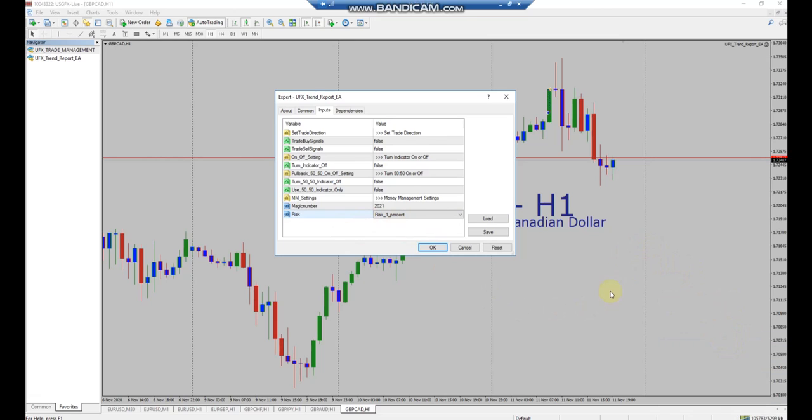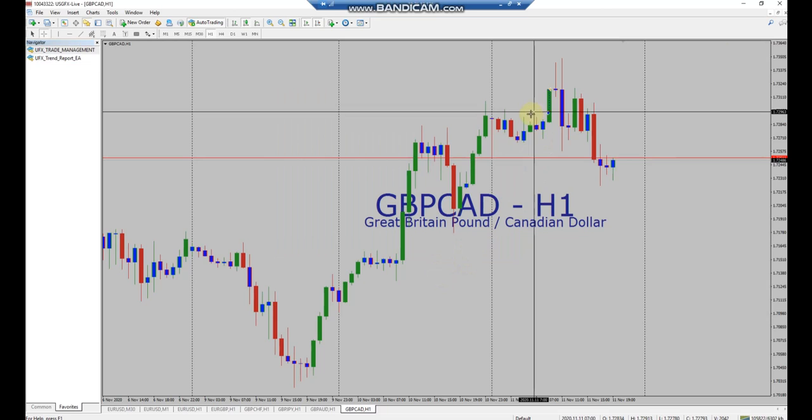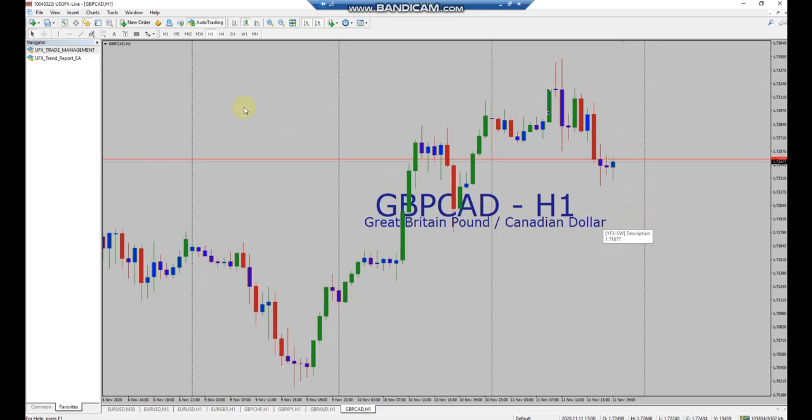Okay, so what we want to go over is that our winning trades, we're not worried about the pips. We're more concerned about the reward to risk. So these are a 3-to-1 reward to risk, meaning that we get one winner, we can have three losers and still break even. Okay, so that's the most important thing to think about when you're using the UFX Trend Report EA.